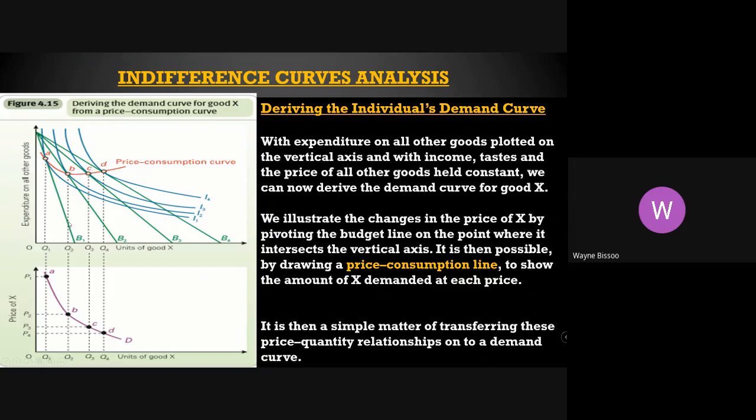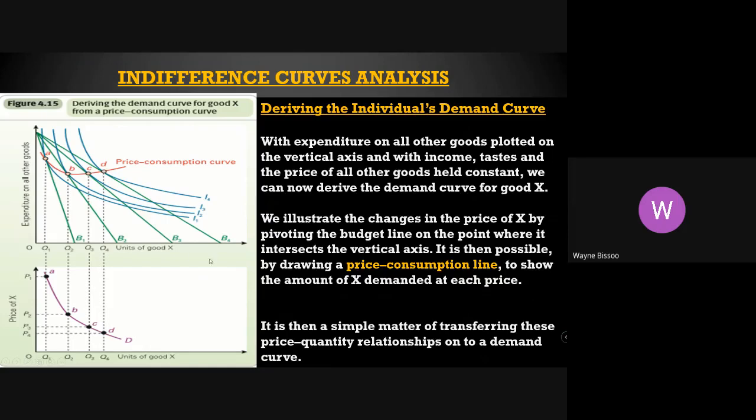So what they did here is they have one budget line, B1, then they lower the price of good X to B2, B3, B4. So it means that prices change three times. That means the budget line pivoted outwards three times, and gives us four different price levels and four levels of demand.